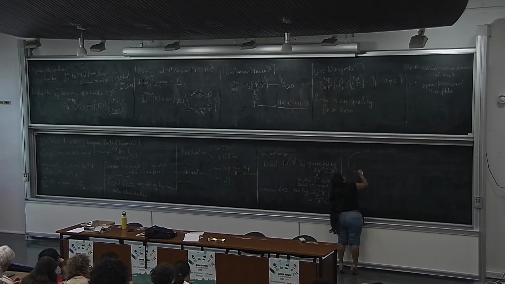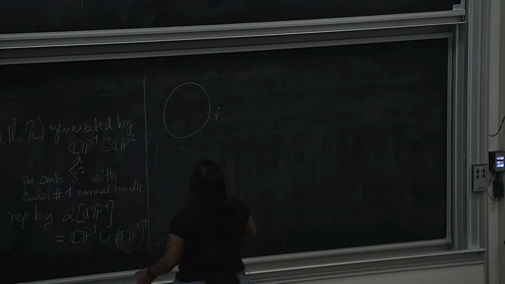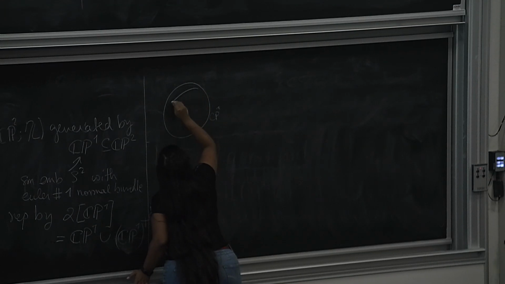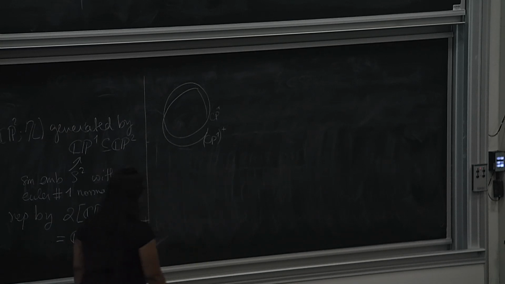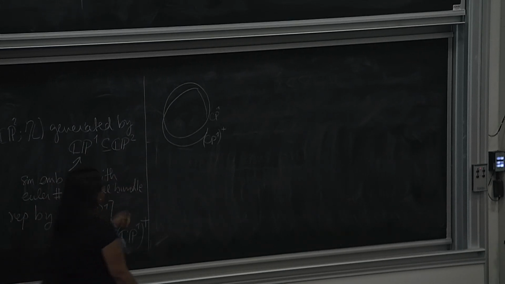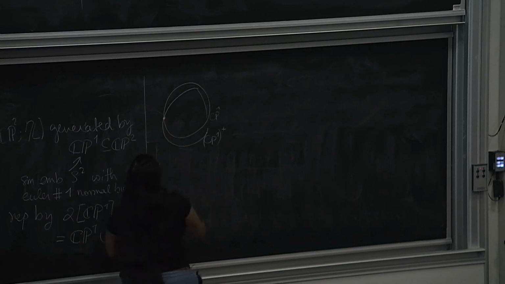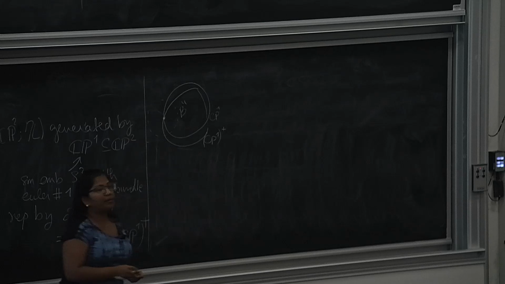Well, here's my original CP1. And because of this Euler number 1 fact, the other copy is going to look like this. I stopped doing the math because it's annoying, but fill those in if you like. At that point of intersection, if I zoom in, there's a little B4 neighborhood around that point.